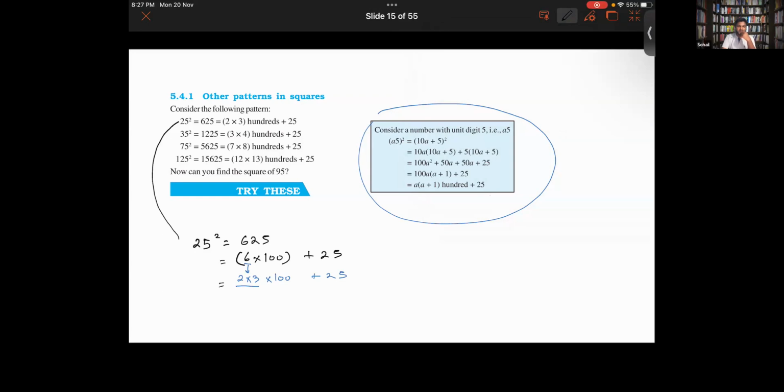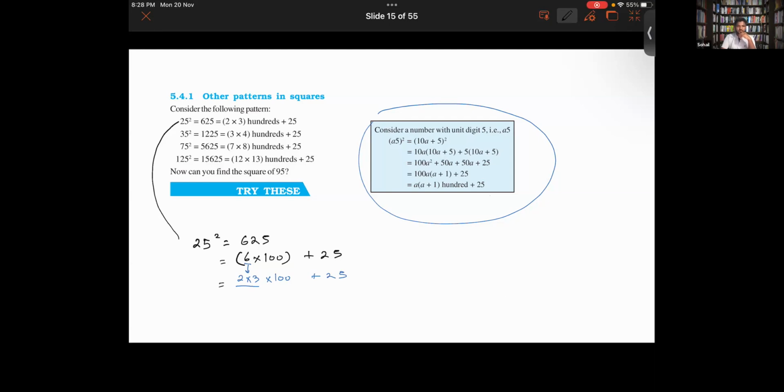We have done a little bit of expansion here. The 25 would remain the same.